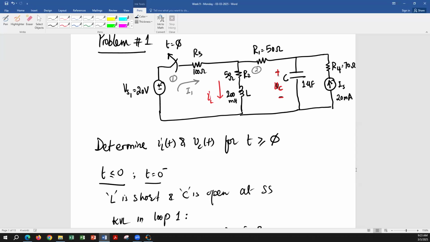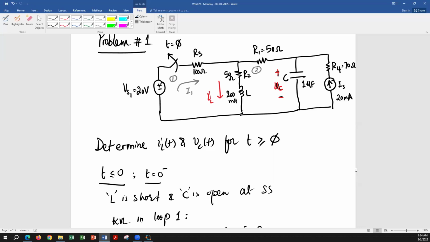Mike, how are we going to find it? VC. We have everything to find VC, by the way. Say it again. R1 to V. Okay, so give me the equation. How are you going to find the capacitor voltage? What will be the equation of that?